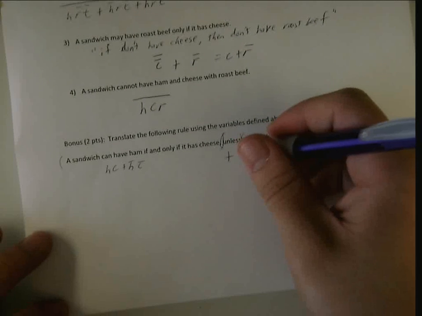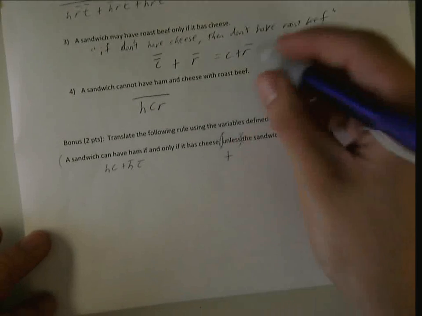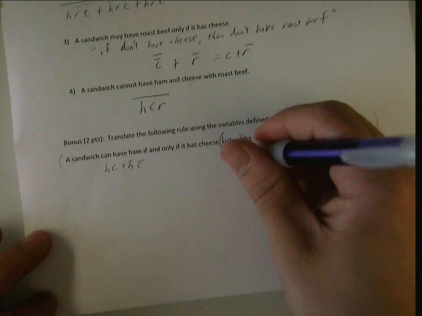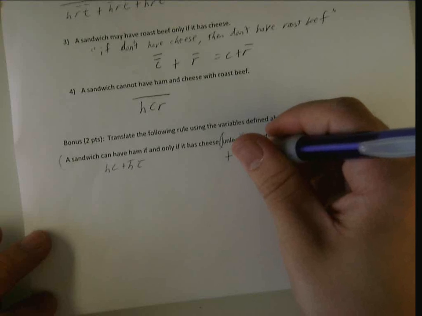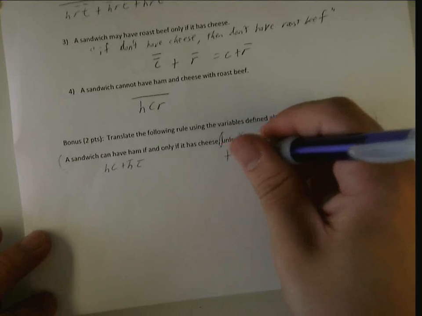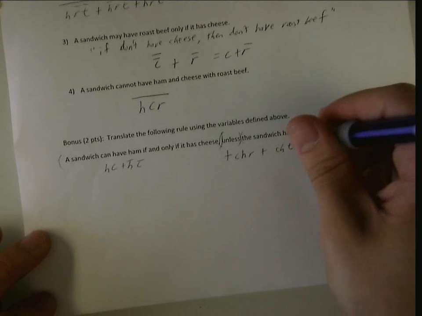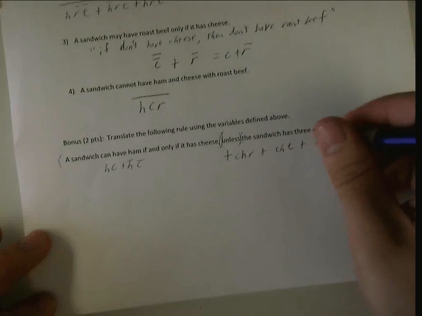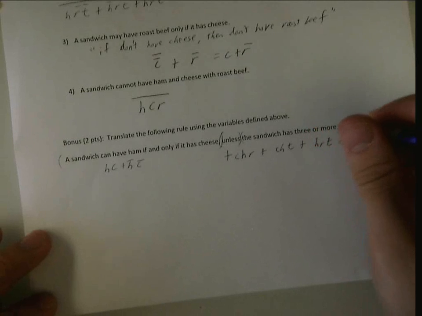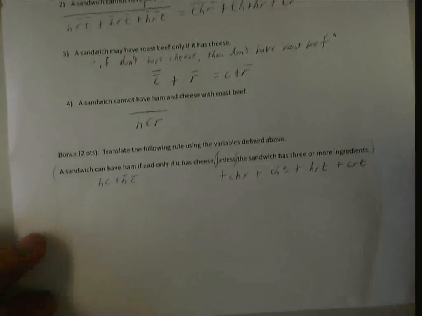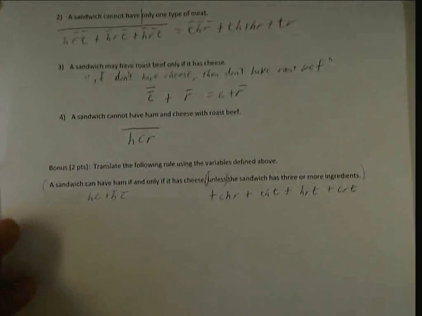So basically we can do something similar to what we had up here, where I can have CHR, or I can have CHT, or I can have HRT, or I can have CRT. So those are my possible options for this part.